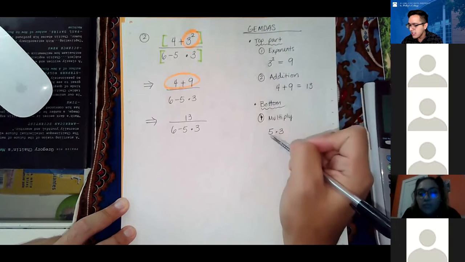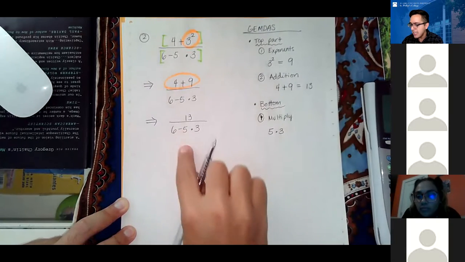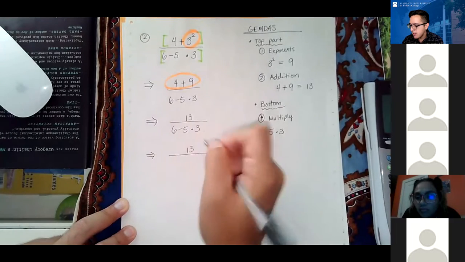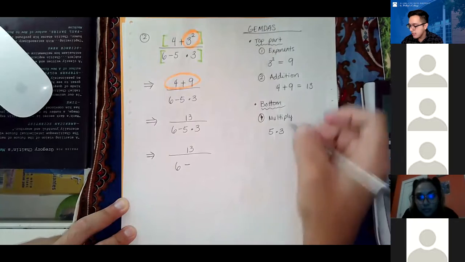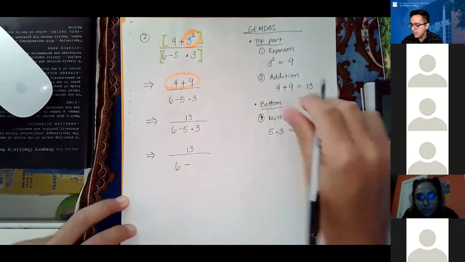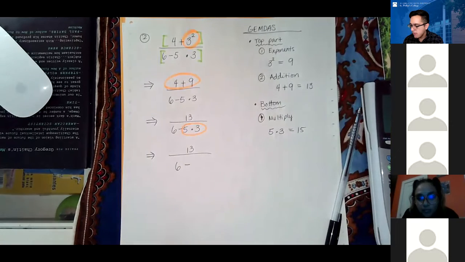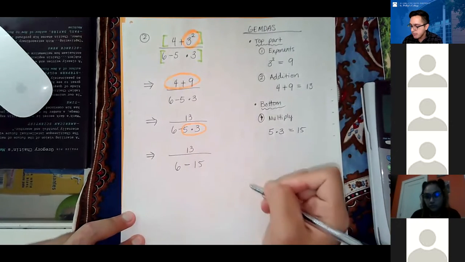So if we choose to just take this as a positive 5 times 3, we need to keep that negative sign and bring it down in the next step. If you don't use it, it gets dropped down to the next step. So we'll just put this as 15, and we'll just multiply this. So that's 15 right there.